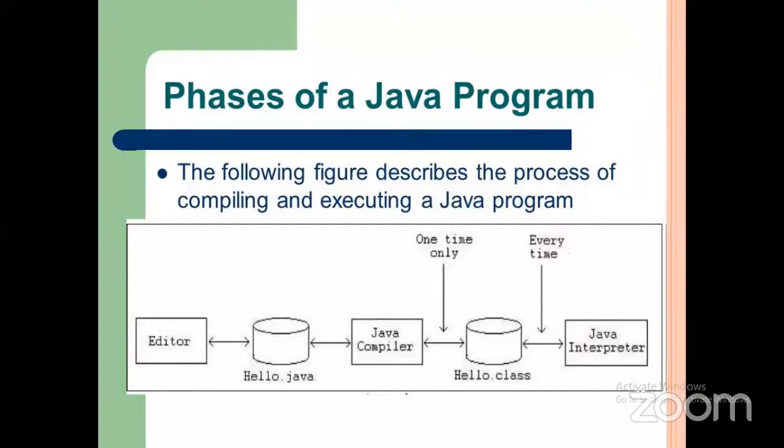So these are the steps involved to execute a Java program: editor, save the file as .java, compile once, and a class file will be generated. That class file will be executed every time with the help of the Java interpreter. Then we will get the output. You must remember this.